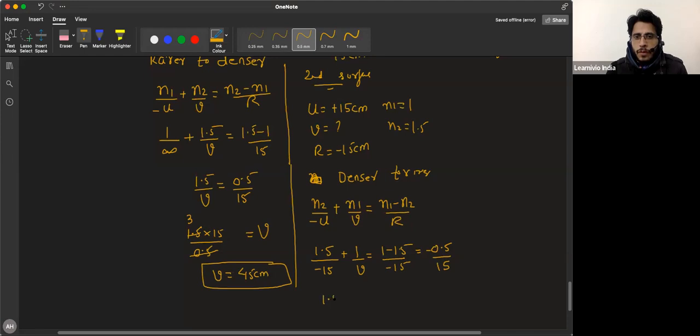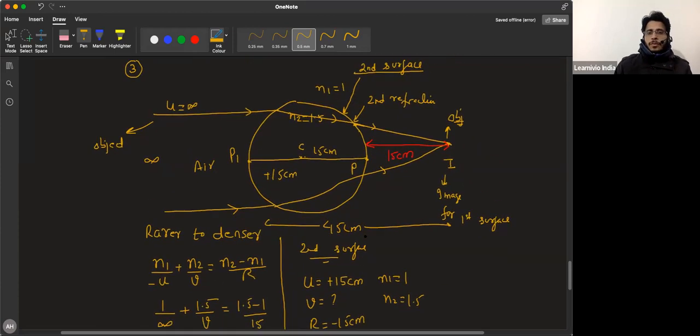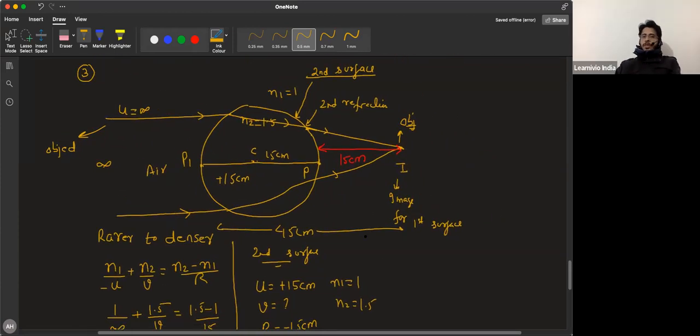So we have 1.5 by minus 15 plus 1 by V is minus of 0.5 by 15. I think you can calculate the value of V. Do it. So this was your assignment question. Only the third one was tough.